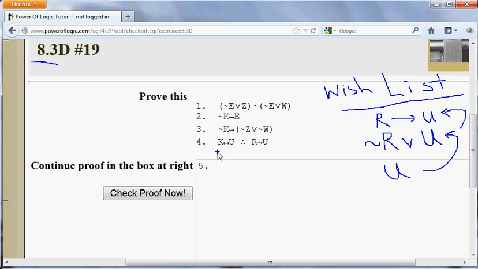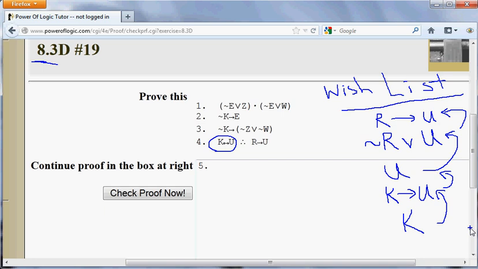Okay? And now you might look at premise 4. Premise 4 can be turned into if K then U and if U then K. And if I had K then U, I could get U provided that I have K. So if I had K all by itself on a line, that would come from premise 4, I could follow it on up, modus ponens, to my conclusion.